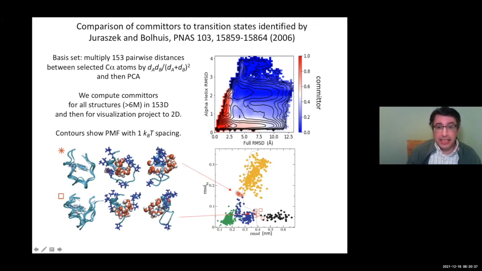You can see that the white regions here between the red and the blue, which correspond to committor equals a half, correspond very well to the positions of his transition states, these red symbols. And furthermore, you can go in and you can look at the individual structures and compare them to his. And again, they look good. Okay, so we feel that that means the method is working.